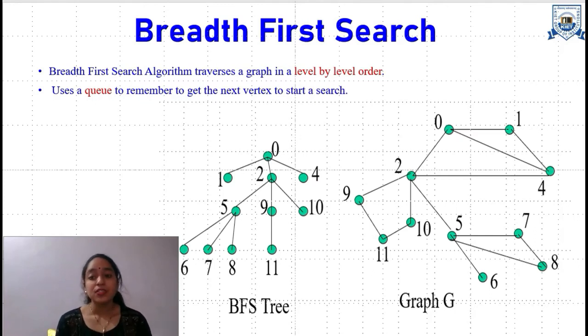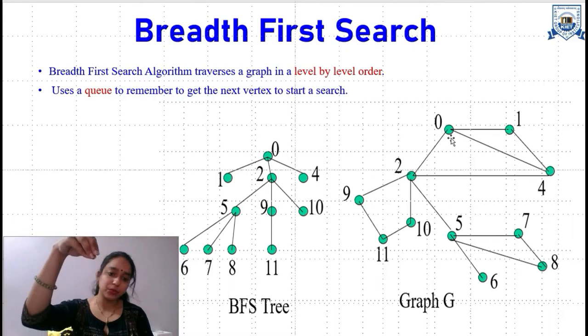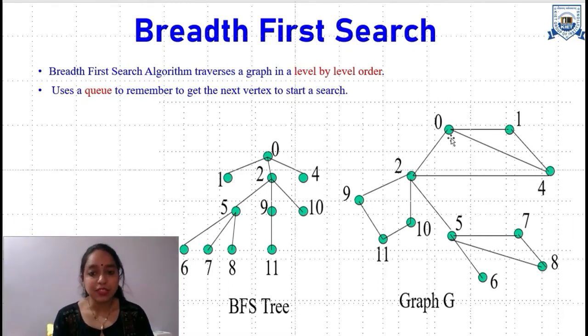If we take an example graph G, we need to select a vertex as a starting vertex. I have taken 0 as the starting vertex. Then this 0 will be the root node of the tree, at the starting level 0.